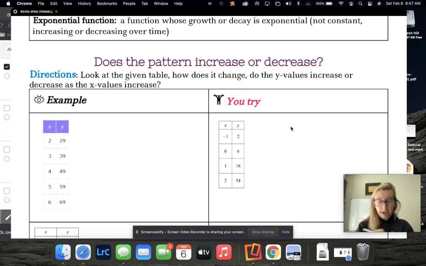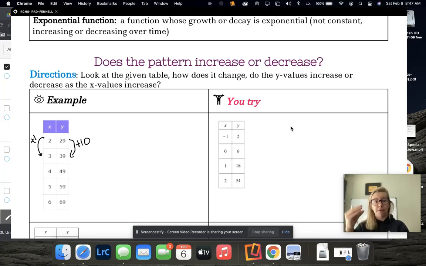Okay, so first thing I always want to do when I'm given a table is look at how I get from my first given y value to my second given y value. This looks like a change of plus 10. And then I also want to look at my x's and see how I change from my first x point to my second x point, and this is a plus 1. Now, if we knew this were a linear function, that would be all we need to do because we know it's going to have a constant rate of change.